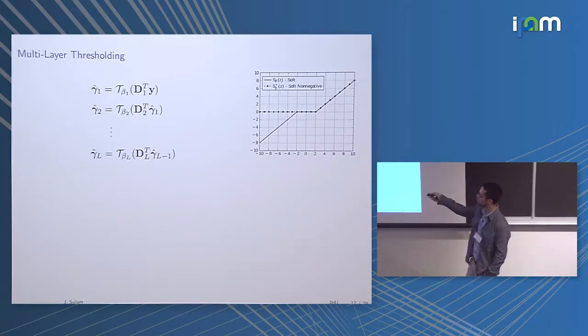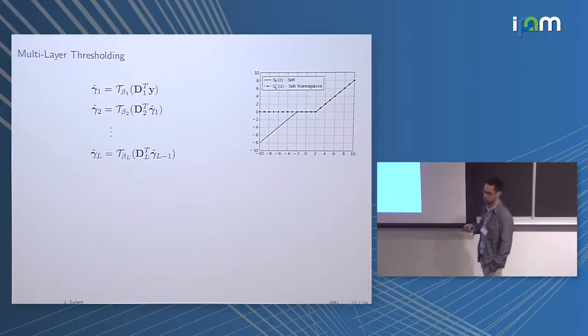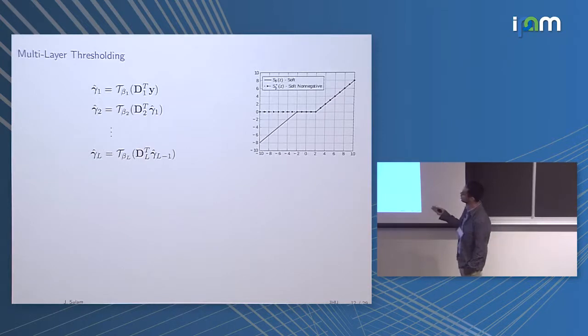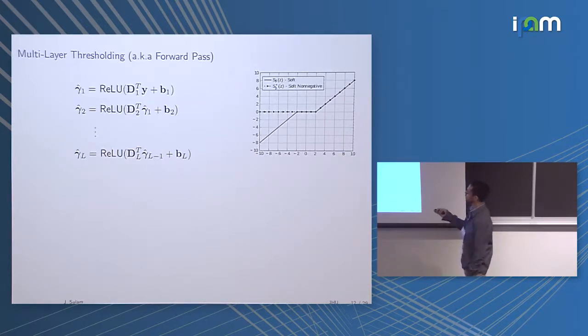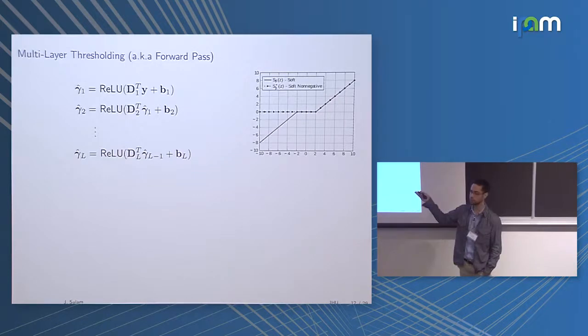And so you can envision using that one to estimate gamma 2, and you can cascade these down through L layers. And then the very nice observation that Vardan and Yaniv made a couple of years back was to see that these expressions can be equivalently written in terms of ReLU, which is just a non-negative projection, and a bias, which is essentially the threshold of the soft thresholding function.